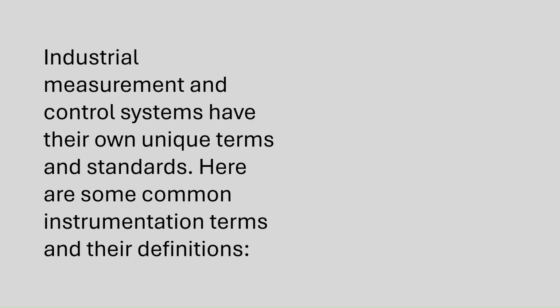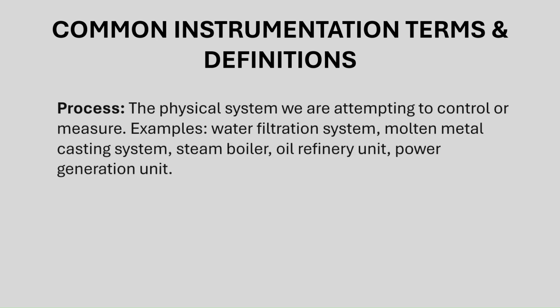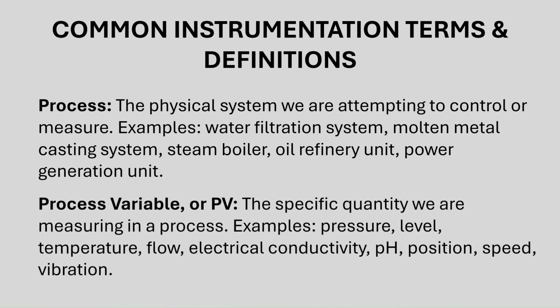Now, industrial measurement and control systems have their own unique terms and standards. Here are some common instrumentation terms and their definitions that I would like us to know. We have the process, which is a physical system we are attempting to control. We have the process variable, otherwise called the PV, which is a specific quantity we are measuring in a process.